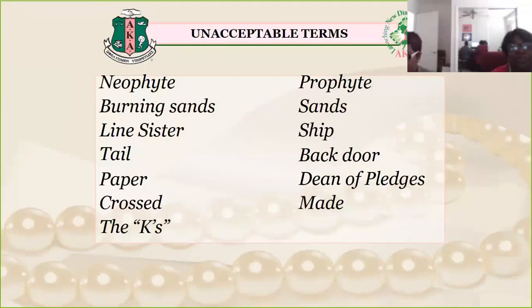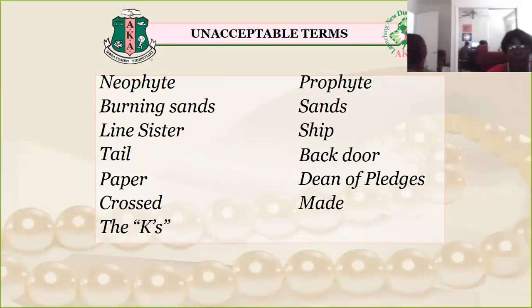Terminology. Unacceptable terms: neophyte, burning sands, line sisters, tail, paper, cross, the cave, prophyte, sand, ship, back door, dean of pledges, maid, are all unacceptable terms.